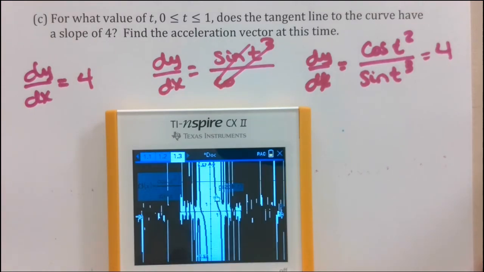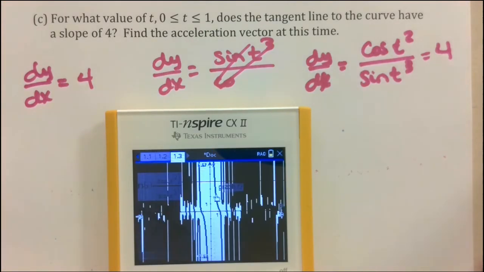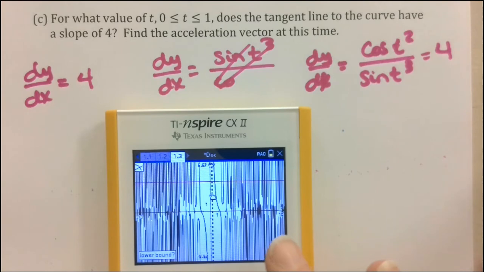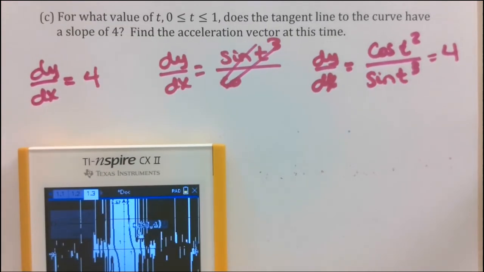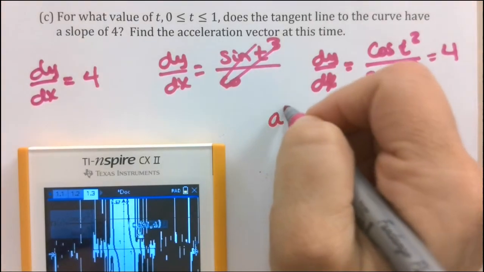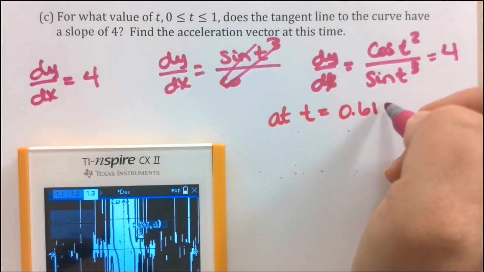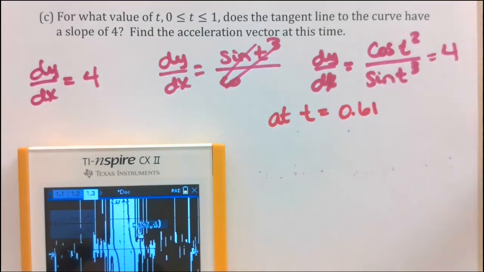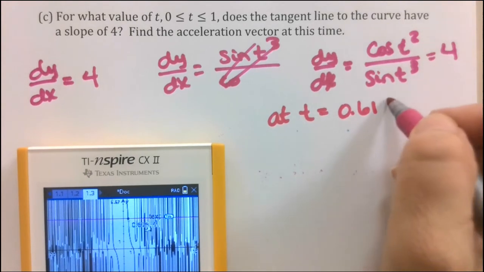So I'm going to menu, analyze graph, find intersection point, and there we go. Intersection is at 0.616. Now, I need more decimal places than that because I need to plug it into the acceleration vector, and we don't want to lose any accuracy.